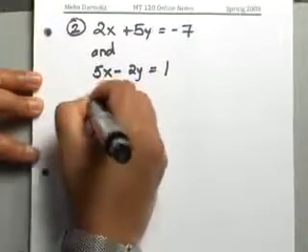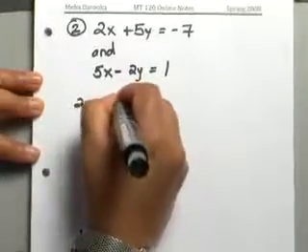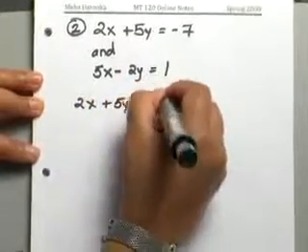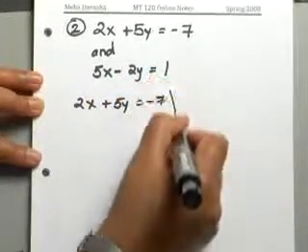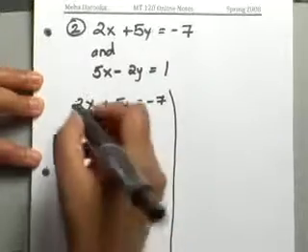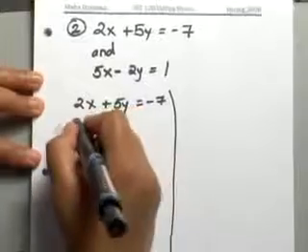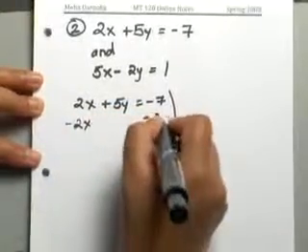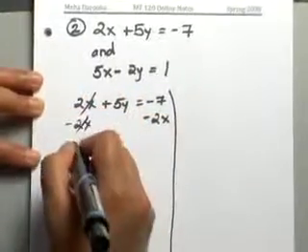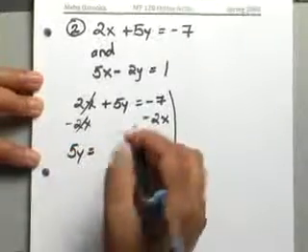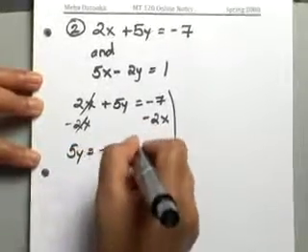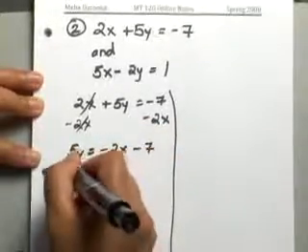So let's start with 2x plus 5y equals negative 7, and try and see what the slope of this line is. So you start by moving your 2x over to the other side. You have 5y equals negative 2x minus 7.